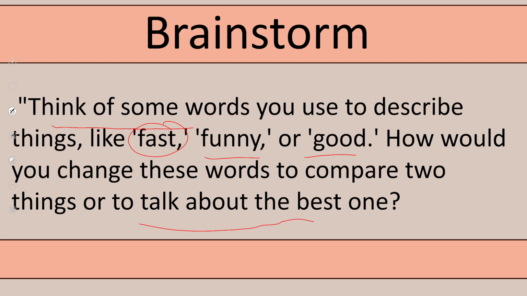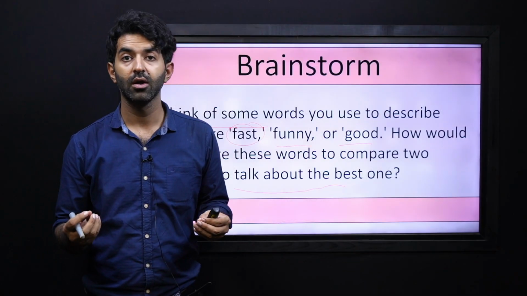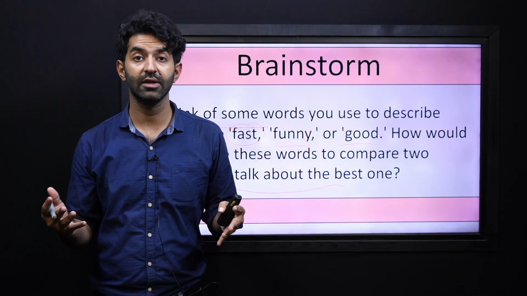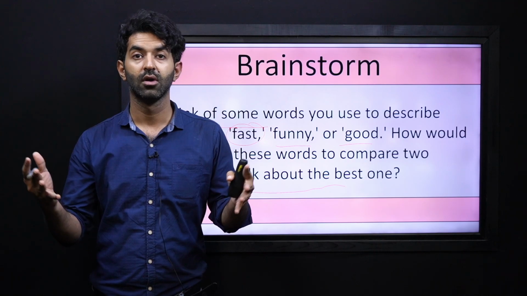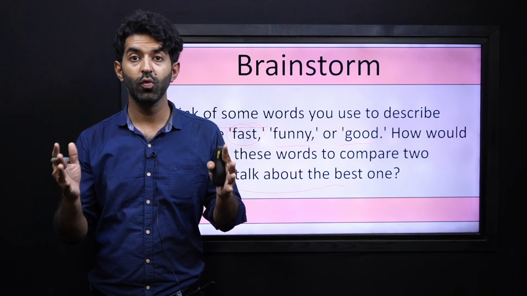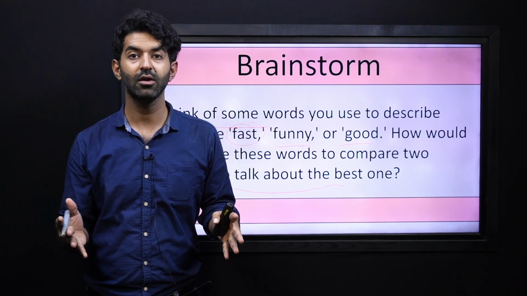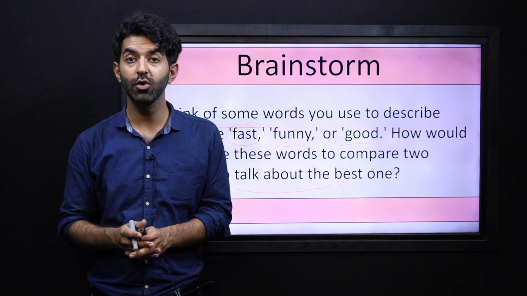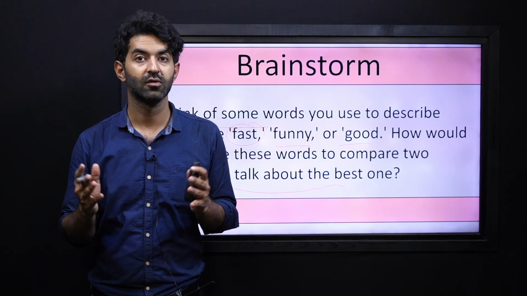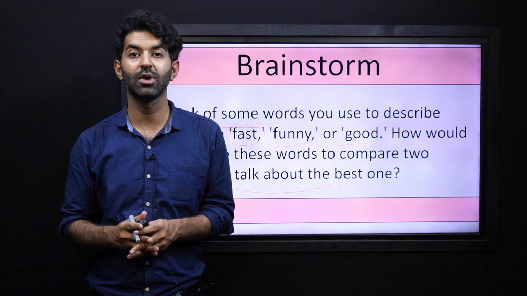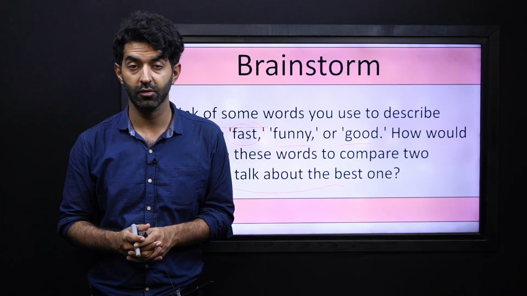How do we achieve this if we are comparing, let's say two cars? Now, we are going to tell which one is actually more fast, right? So how do you do it? You will use degrees, some degrees of comparison, some degrees of superlative.